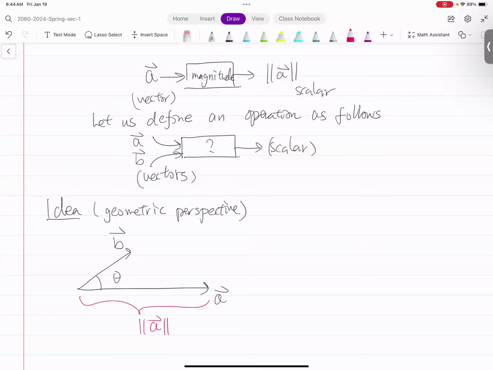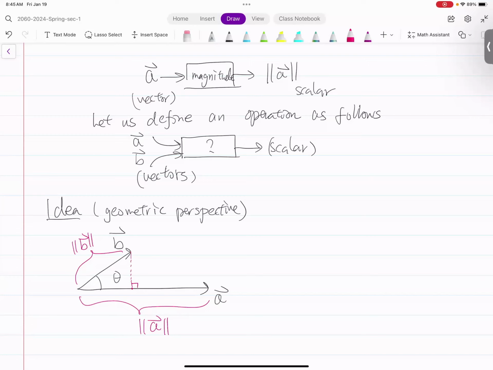That's the magnitude of A, and this one is the magnitude of B. Now we want to do the projection of the head of B onto the vector A. Here I'm drawing the perpendicular dashed line starting from the head of B and perpendicular onto A. This is called the projection.